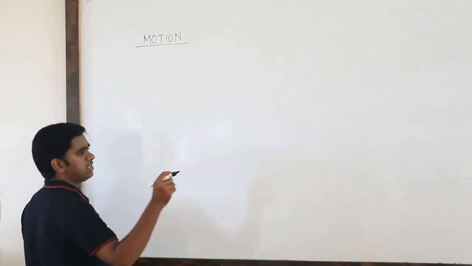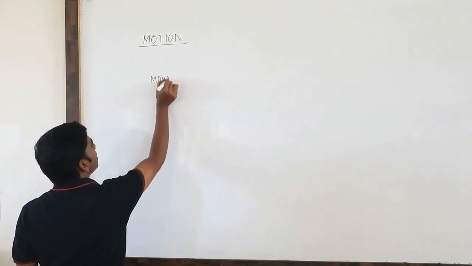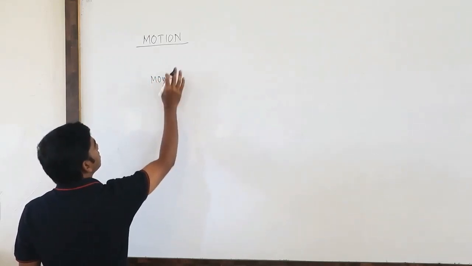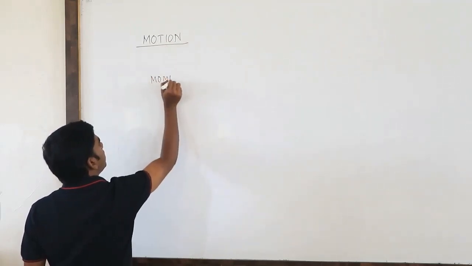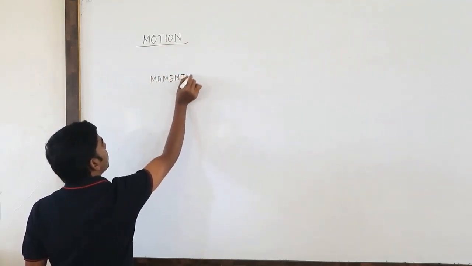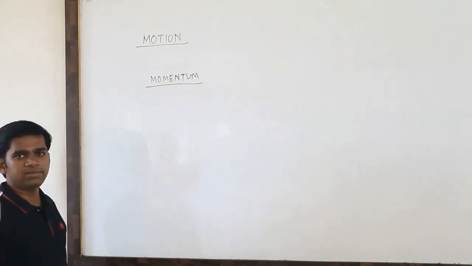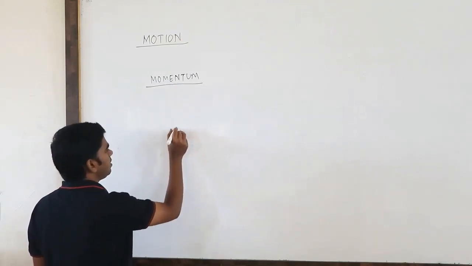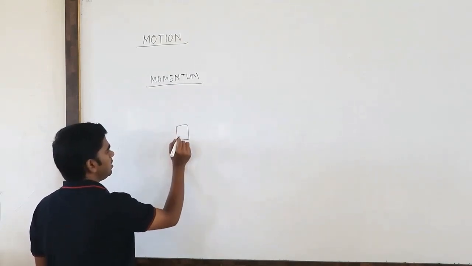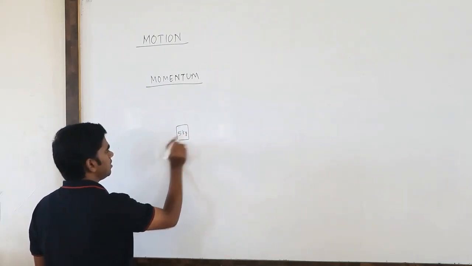So after acceleration, one more important term which is required is what we call momentum. So what is that momentum? What exactly momentum is? Okay, so suppose you are having a small mass here, say some 5 kg.